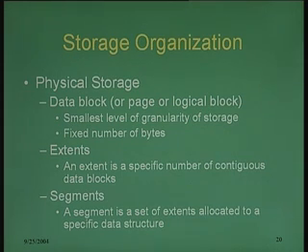Now, these multiple contiguous sectors form one data block. The term extent is used to refer to a specific number of contiguous data blocks, where the data block is the minimum unit of storage. Now, a set of extents that are allocated to a specific data structure like a table or an index is called a segment.